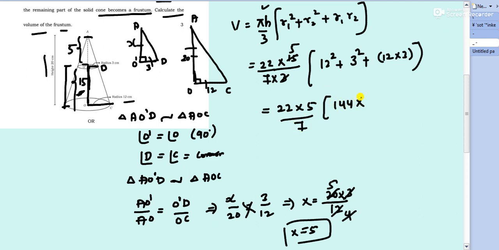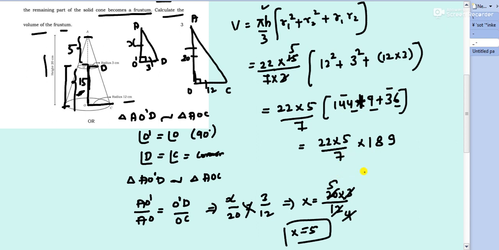This is 144 into 3, 3 3s are 9, plus 12 3s are 36. Now keep this as it is, 22 into 5 by 7, these all are adding, correct? So if you add them, how much you'll get? 6 plus 4 is 10, 10 plus 9 is 19, 1 carry. So 3 plus 4 is 7, 7 and 1 is 8, and this is 1, correct?